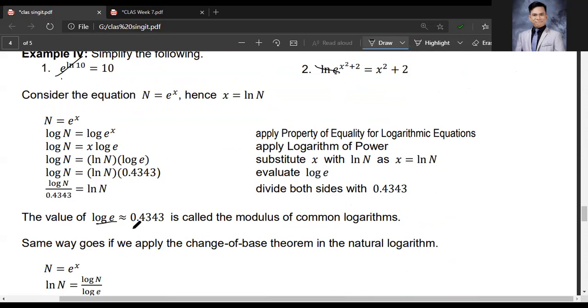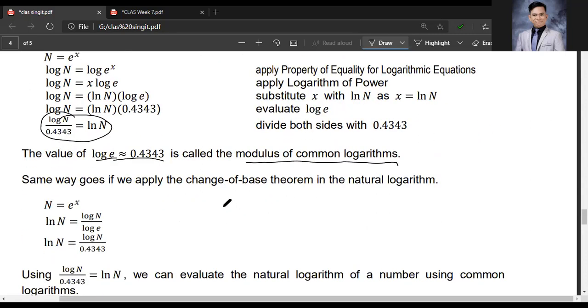So the value of log e, which is approximately 0.4343, is called the modulus of common logarithm. Hindi ko sure kung bakit importante na pangalanan siya. Pero ginagamit natin siya to find the value of ln using common logarithm.